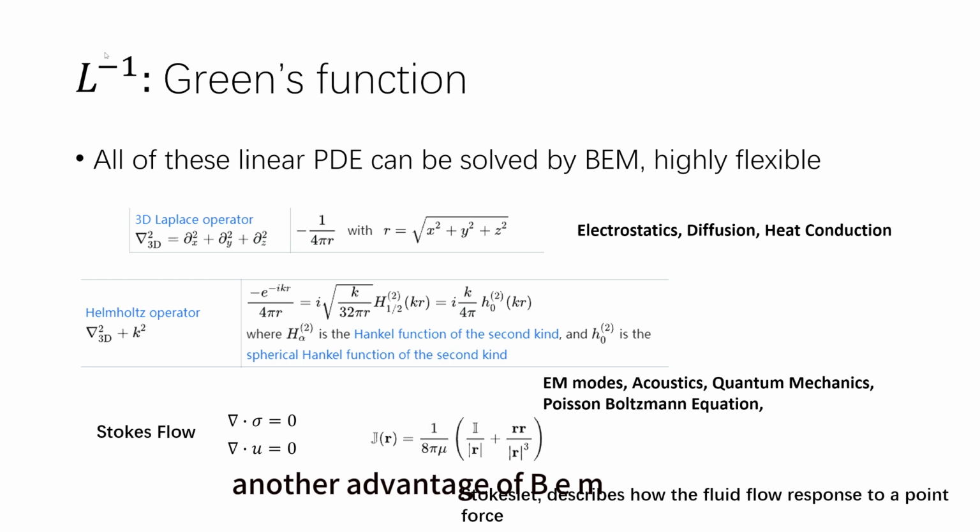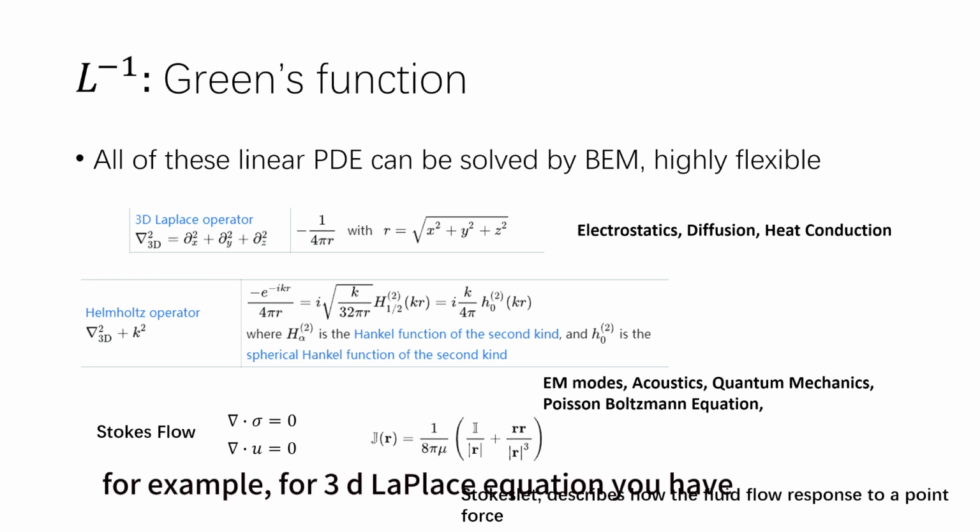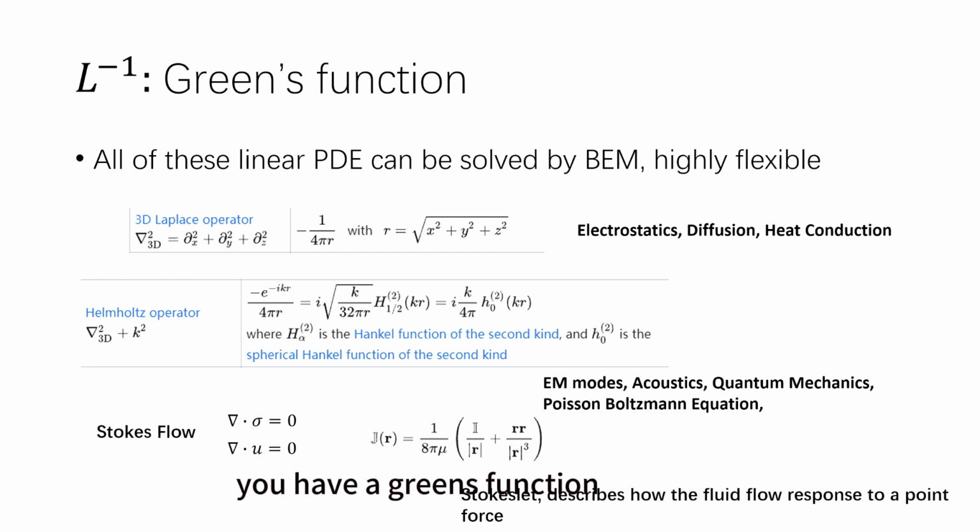Another advantage of BEM is that it is highly versatile. For each type of linear PDE, you have an inverse operator. In PDE theory, we call this inverse operator the Green's function. They all can be solved by BEM. For example, for the 3D Laplace equation, you have a Green's function of minus 1 over 4 pi r.